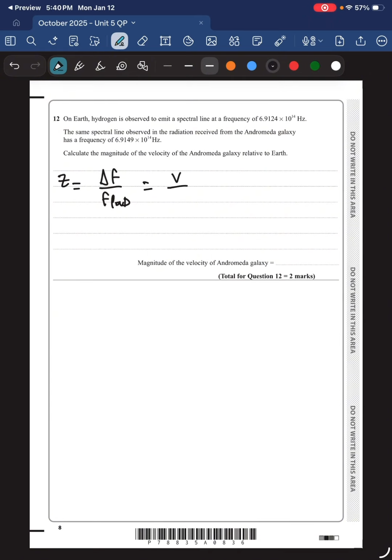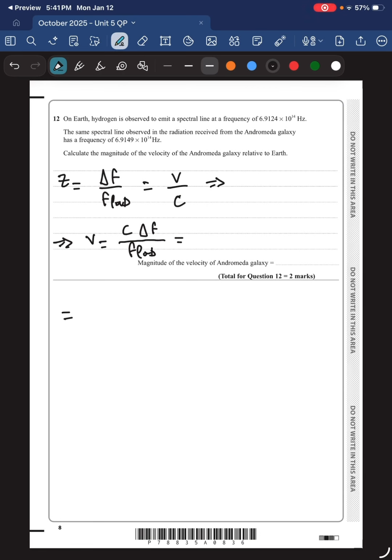And this is going to be equal to v over c. I think you can call z the Doppler factor, but I'm not sure. So v is equal to c times delta f over the frequency in the lab.